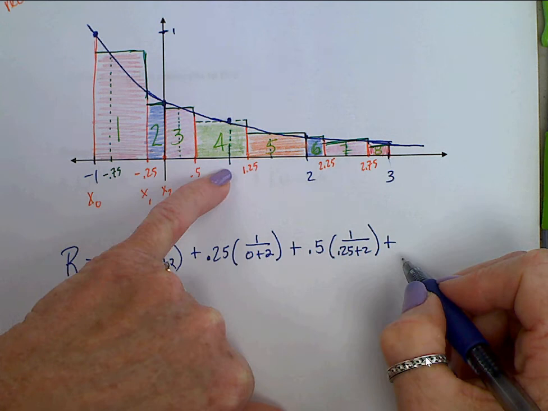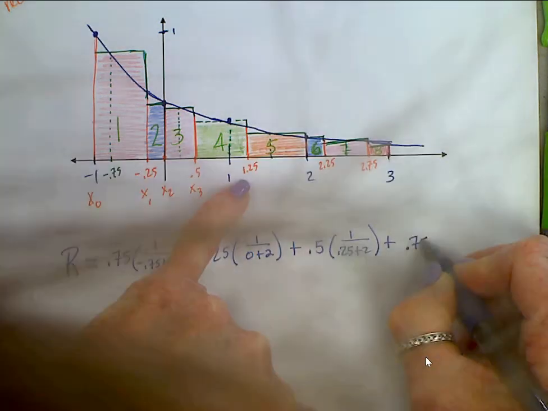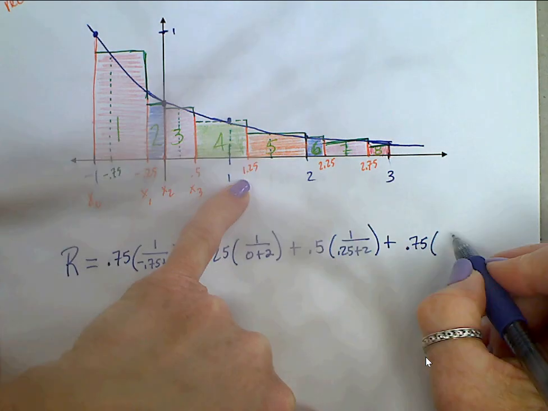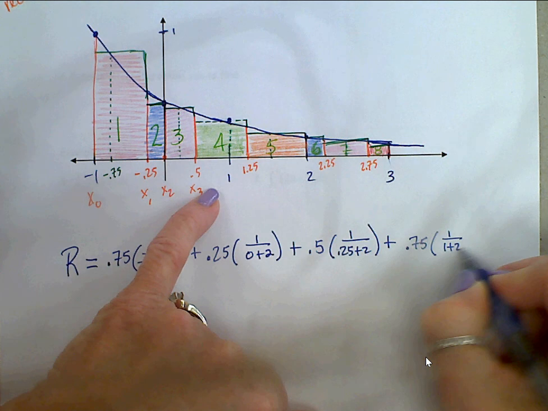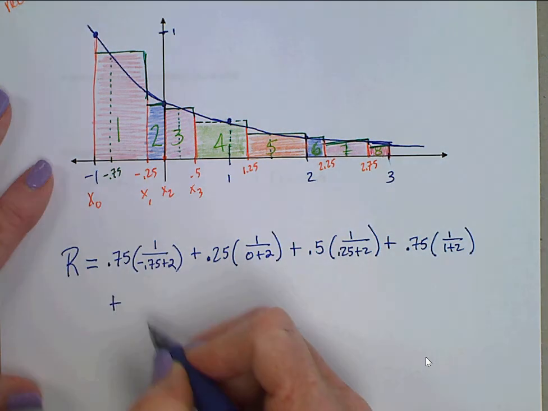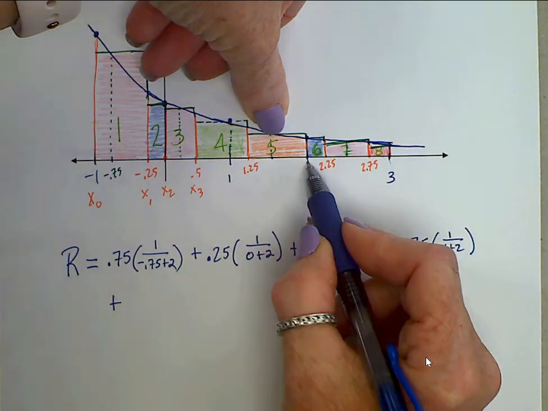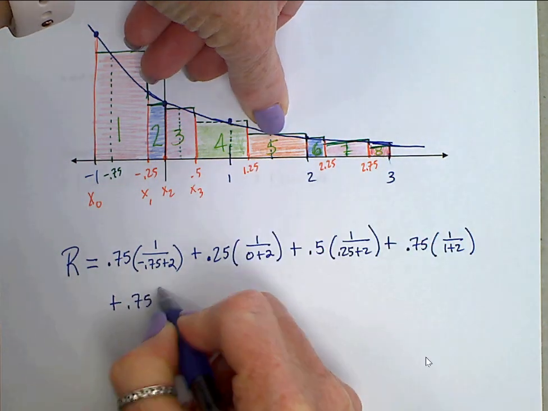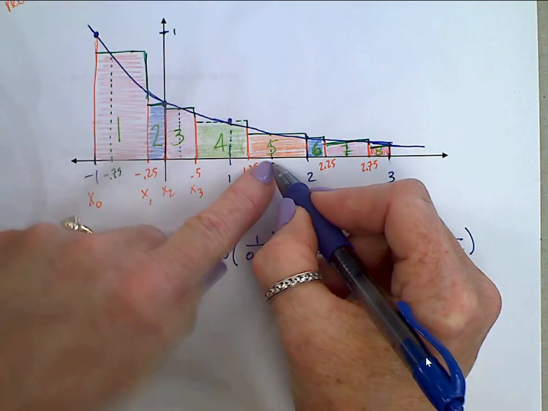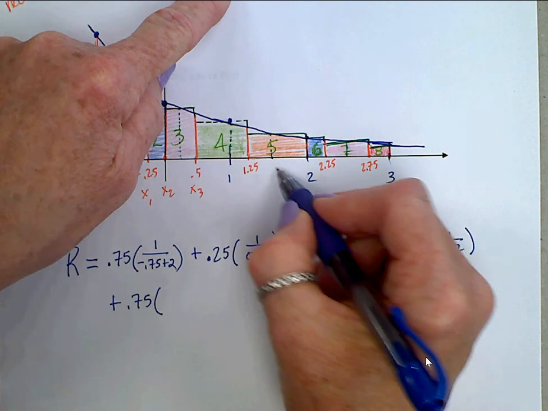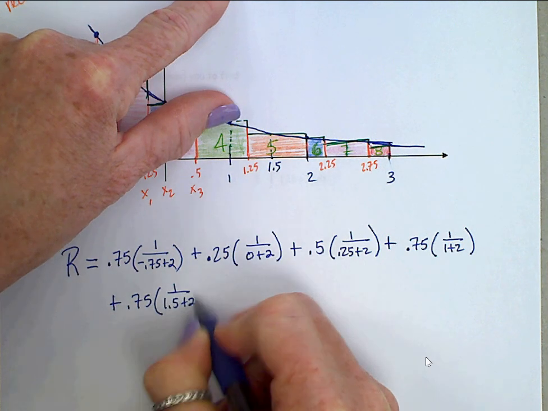Fourth rectangle, it is 0.75 wide, and its height is determined by where 1 was plugged into the function. 1, 2, 3, 4. Fifth rectangle is from 1.25 to 2. That's 0.75 wide. Height was at, if you forget to mark it down here like I did, you can go back up here and check, 1.5. 1 over 1.5 plus 2.